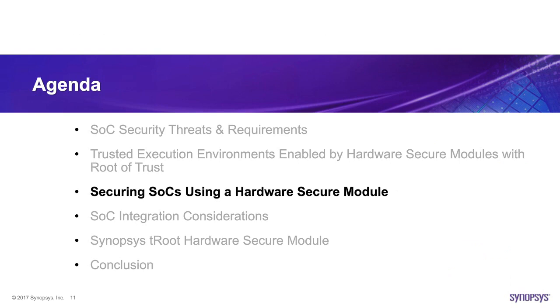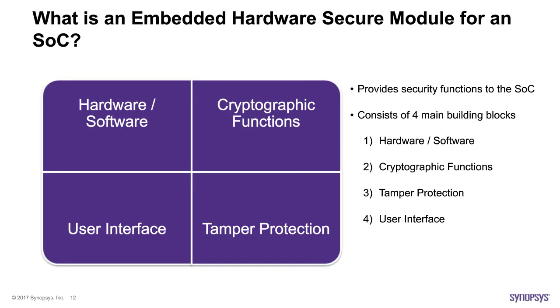So what does a hardware secure module that is embedded into an SoC consist of? Well, at a high level, a hardware secure module provides security functions to an SoC and communication with other external entities. What defines a hardware secure module are four essential elements. One, it's protected by hardware which typically runs with software inside. Two, you must provide a minimum of cryptographic functions.